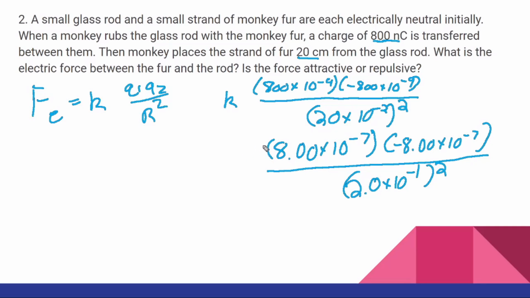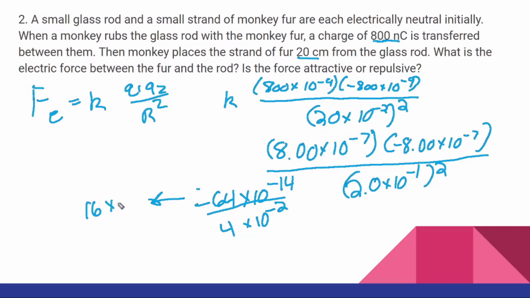All right. Now, if we multiply these two, we end up with negative 64 times 10 to the negative 14th divided by 4 times 10 to the negative second. Then, by evaluating this, we end up with 16 times 10 to the negative 12.